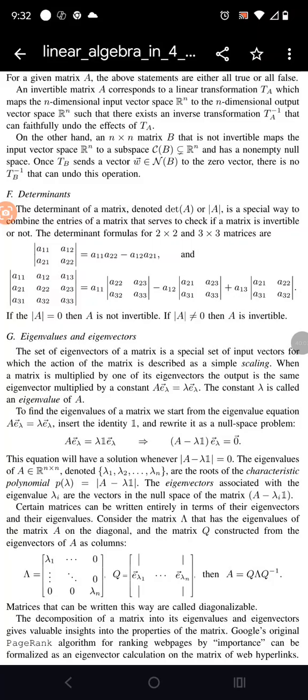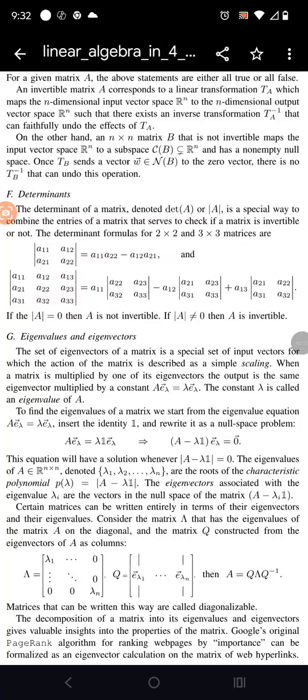To find the eigenvalues of a matrix, we start from the eigenvalue equation A e_lambda equals lambda e_lambda. Insert the identity I and rewrite it as a null space problem. So A e_lambda equals lambda I e_lambda, implying (A minus lambda I) e_lambda equals null.